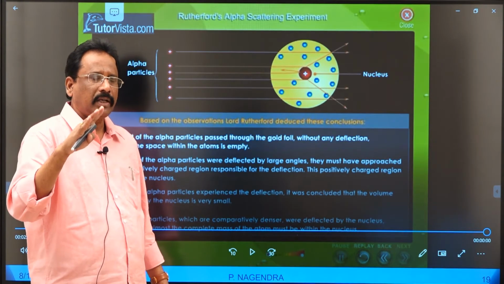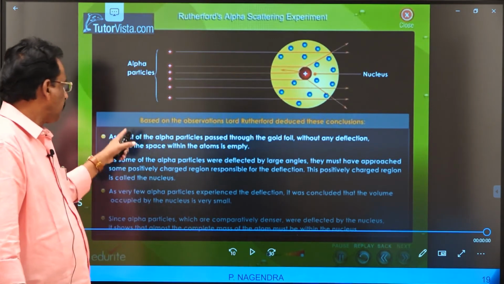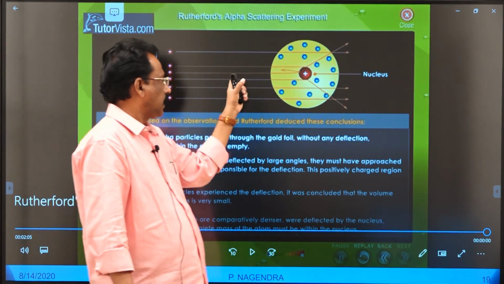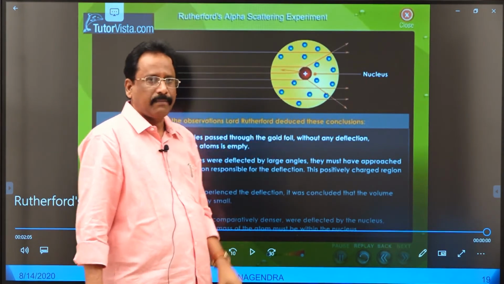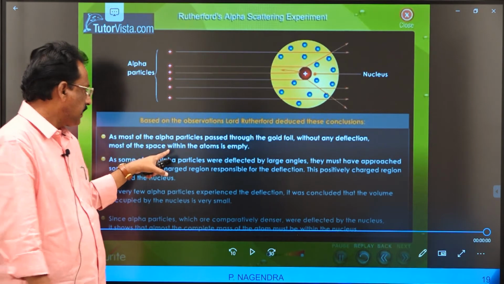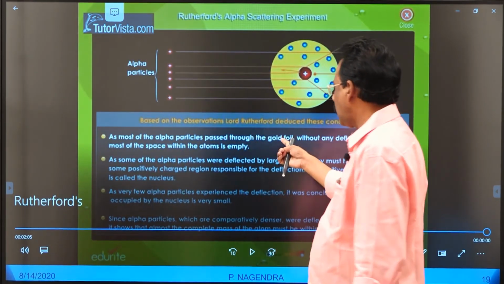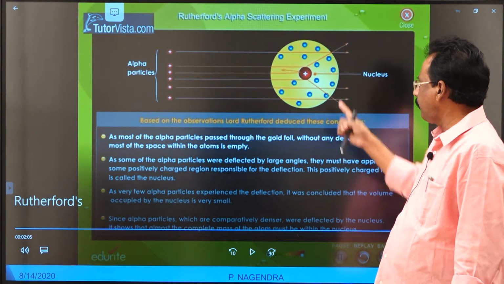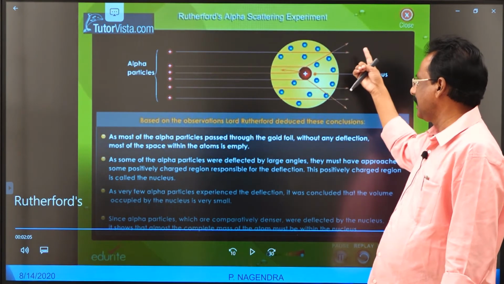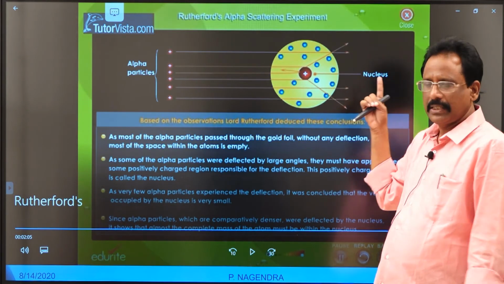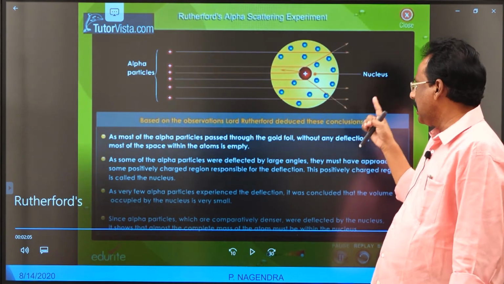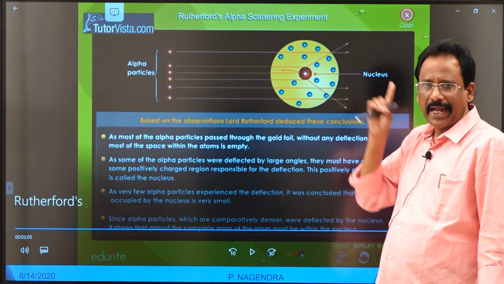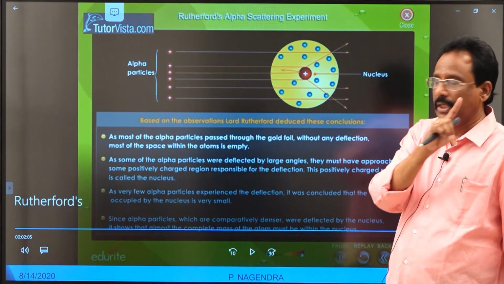Once again I will repeat. First observation and conclusion is most of the alpha particles directly pass through the gold atom, indicating the atom is extremely hollow with a lot of empty space. And some of the alpha particles are deflected or scattered at larger angles, indicating the heavy positive charge is concentrated at the center part of the atom, which he called the nucleus.